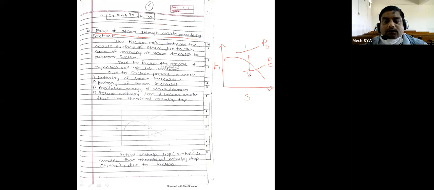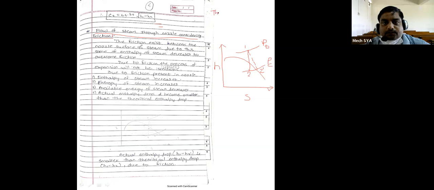But we know that in actual Rankine cycles there is friction present between the turbine parts and steam. Therefore, this expansion will not be isentropic. It will be non-isentropic, and therefore this point number 2 will have to be replaced by H2 dash. And this is the theoretical enthalpy drop in this case.